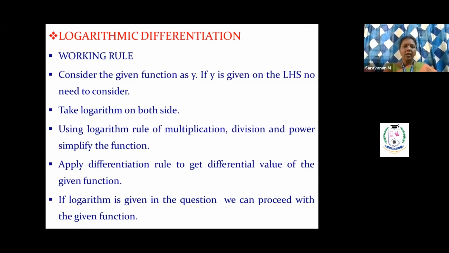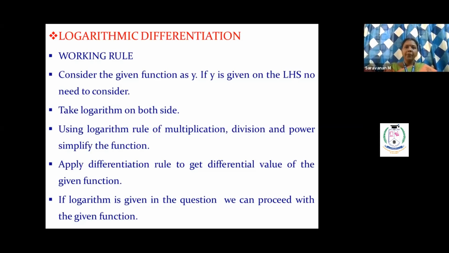So why we are taking log on both sides? If the function is of the transcendental form, we can't separate it easily. So if we are using logarithm, we can apply log rule of multiplication, log rule of division, and the power rule of log to simplify the function.